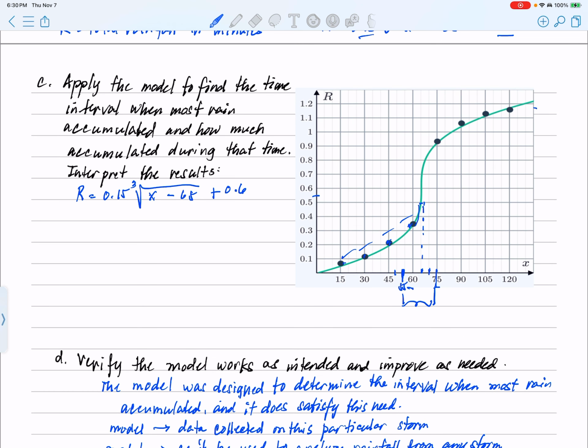All right, because it's somewhere in 0.6 with the accumulation.